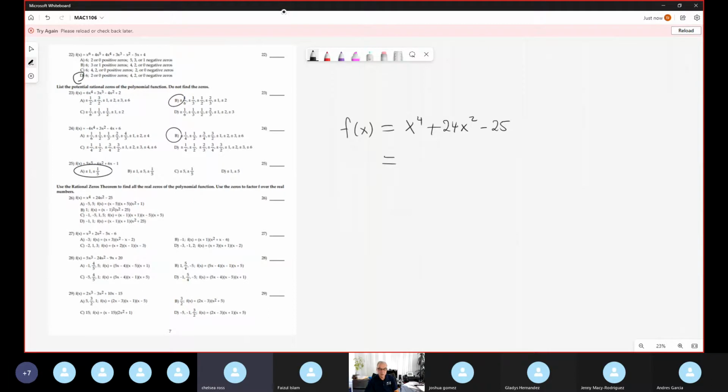And the factorization is: open two parentheses, x squared, x squared. Now the combination is so obvious: 25 and 1. Because 25 times 1 is 25, 25 minus 1 is 24. Different sign, of course. 25 is positive and 1 is negative.